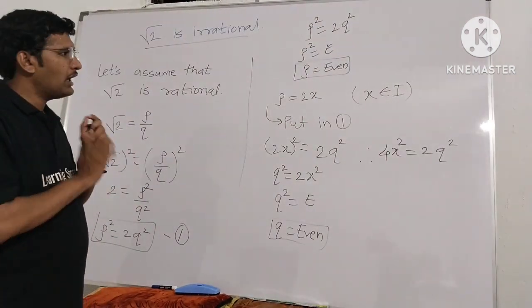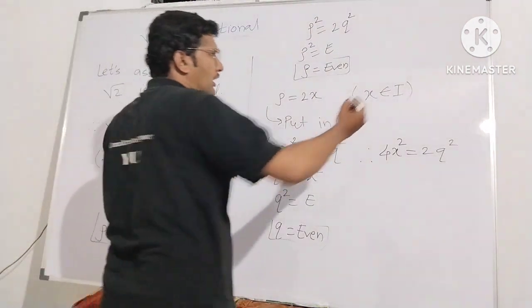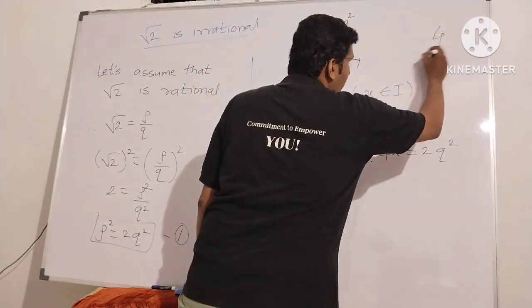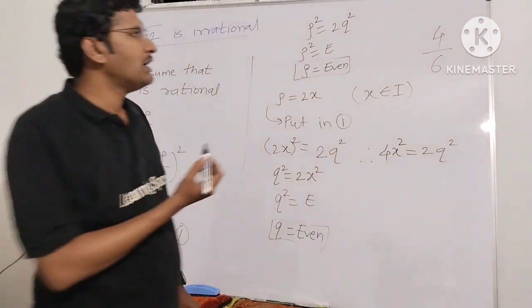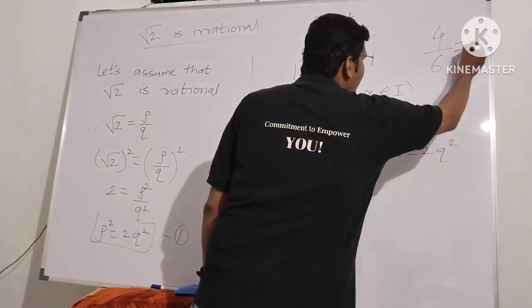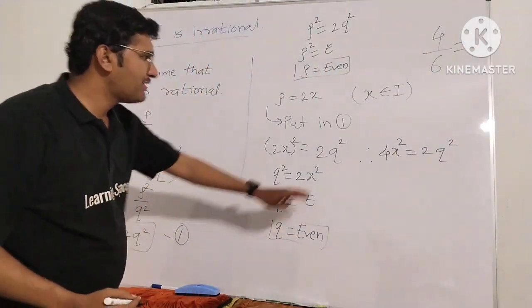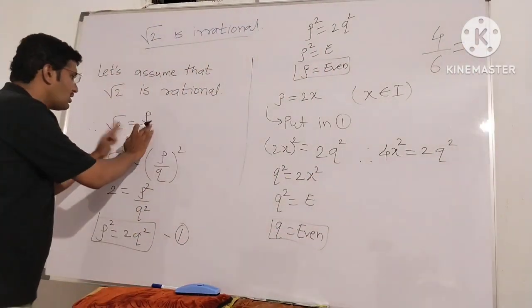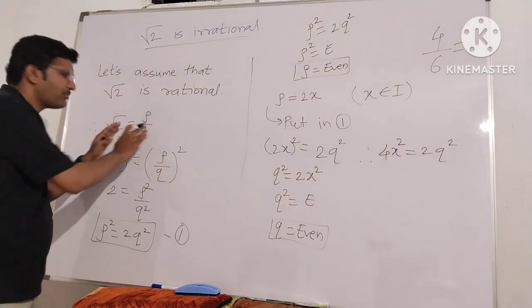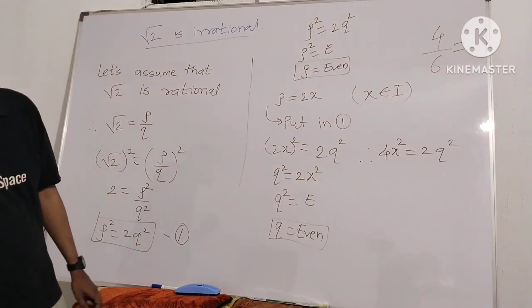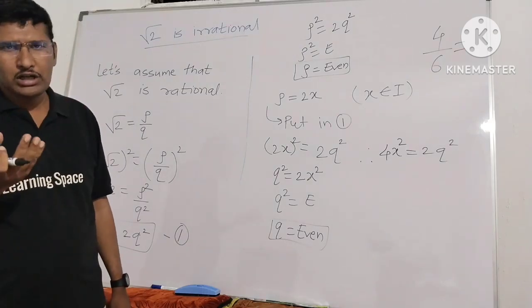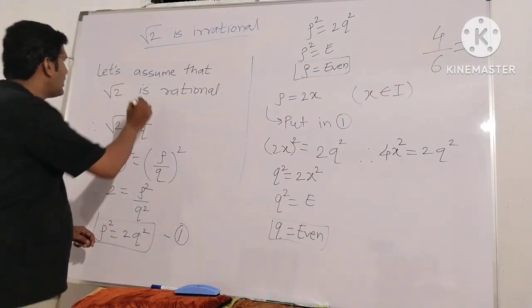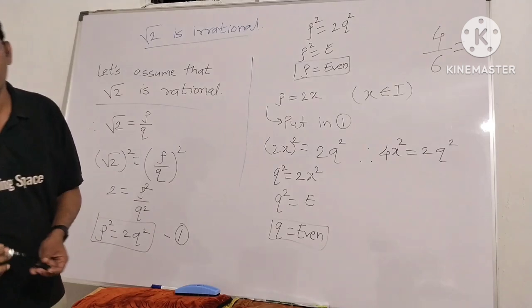And if we get a fraction where the numerator and denominator are both even, it can be simplified further. This contradicts that it is in the simplest form, that p and q don't have any common factor.